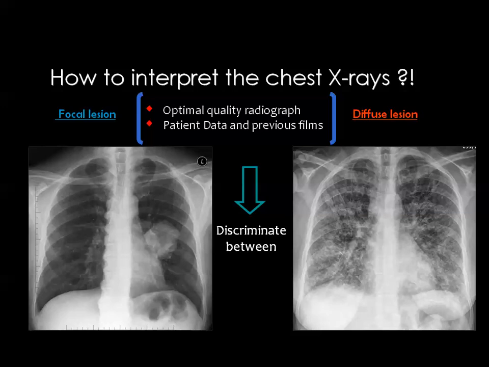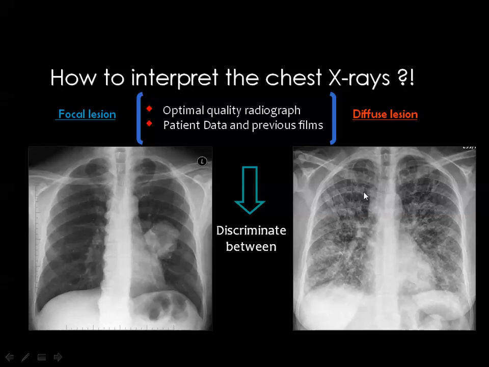To start with, whenever we are talking about interpretation of the chest X-ray concerning pulmonary parenchymal disease, we have to discriminate between two main topics. The first one is the focal lung lesion, which means that you have a lesion or two or three lesions in the lung, and the rest of both lung fields are clear.